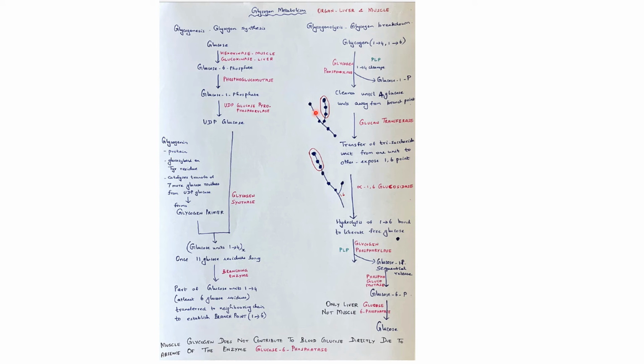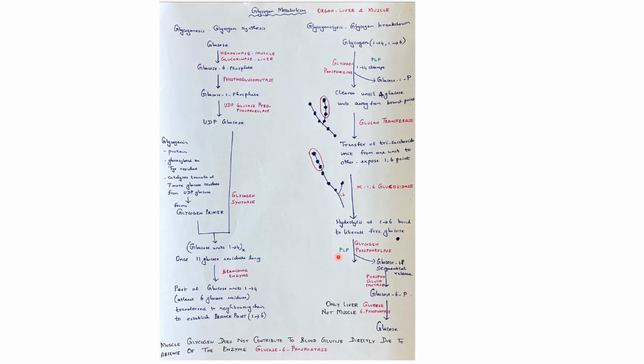It transfers 3 units of glucose, a trisaccharide, from this unit to the straight chain in 1,4 linkage, and exposes the 1,6 point of glycogen. Once it is exposed, another enzyme comes, alpha 1,6 glucosidase. This will cleave the 1,6 glucose, which is liberated as free glucose.